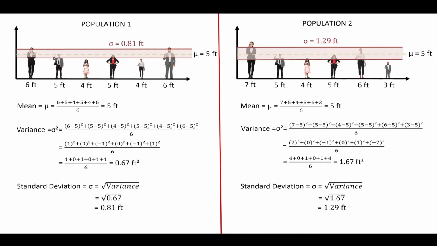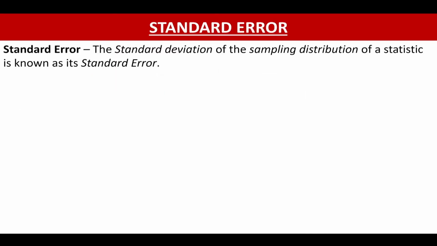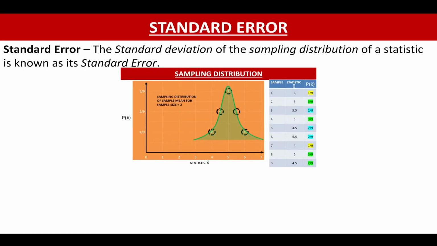Now let us see what is standard error. The standard deviation of the sampling distribution of a statistic is known as its standard error. We have just studied what is standard deviation, and in the previous video we had seen about sampling distribution. We had seen the sampling distribution of sample mean and found that the mean of sampling distribution is equal to the population mean.